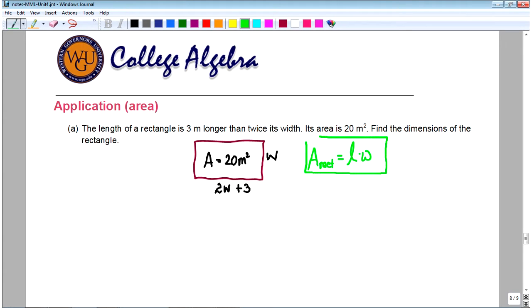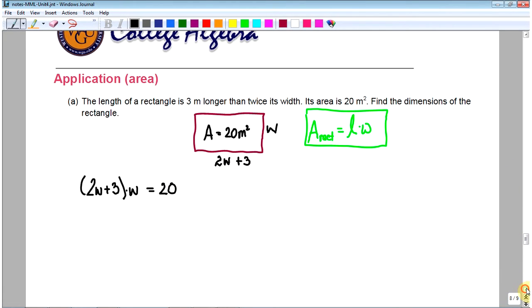So we can get our equation by taking our length times the width, 2w plus 3 times w, and that will equal the area, which is 20. So to figure out our dimensions, we need to solve this equation.